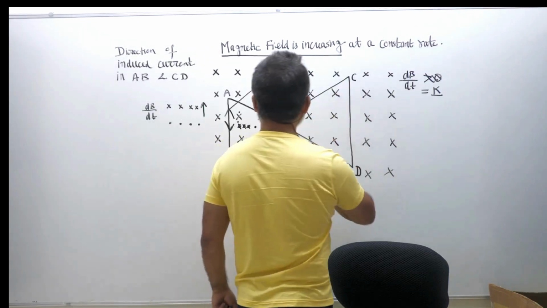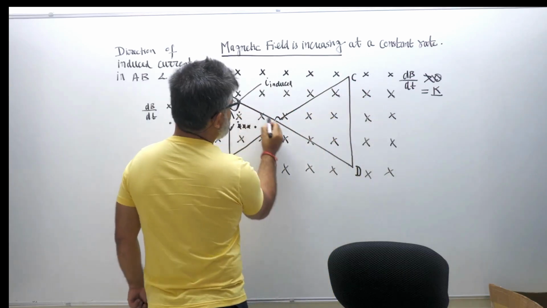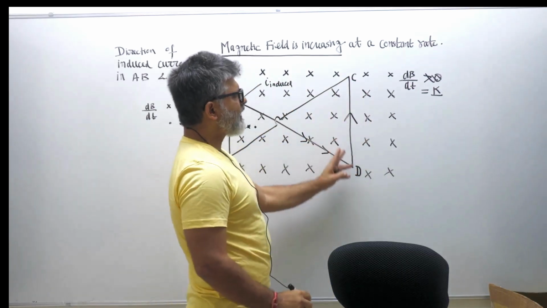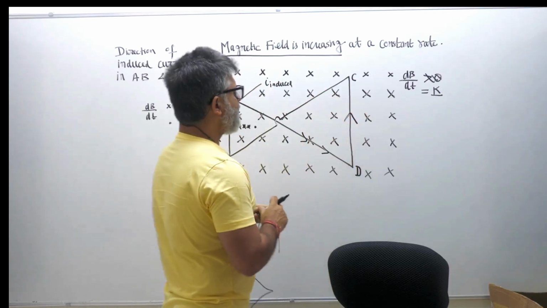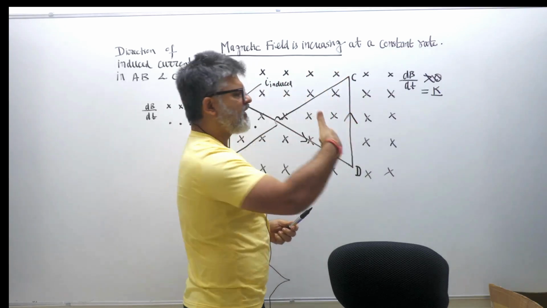Okay, let's talk about CD now. If you notice CD, and even if these are connected, the current goes like this. Let's check what's happening here. If the magnetic field is going up here, then keep your thumb as the direction of the current.